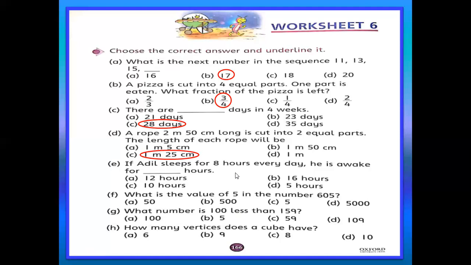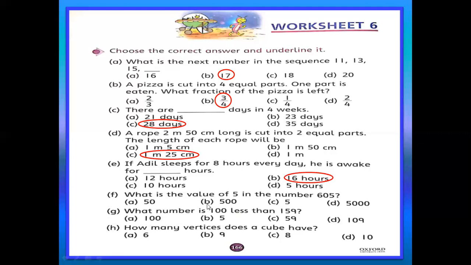I know in one day there are 24 hours. So just 24 minus 8. 24 minus 8 is 16. So it means he is awake 16 hours. If he sleeps 8 hours, he is awake 16 hours.